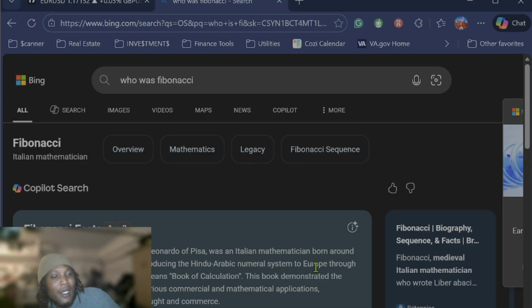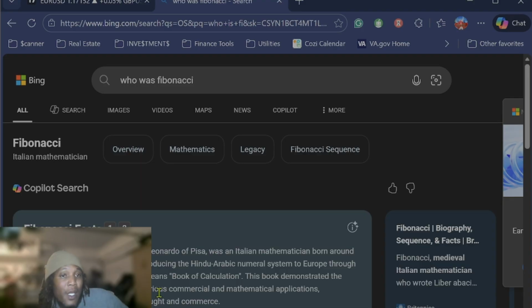Basically, he's best known for his Fibonacci sequence, right? Fibonacci is best known for the Fibonacci sequence, a sequence of numbers in which each number is the sum of the two preceding ones. The sequence starts as 1, 1, 2, 3, 5, 8, 13, and so on.